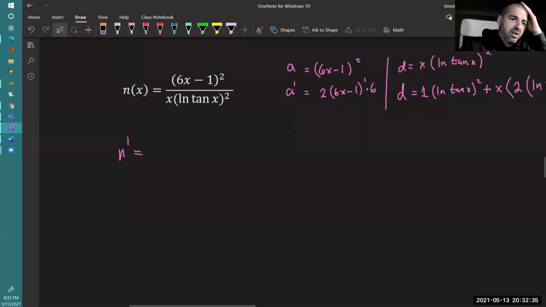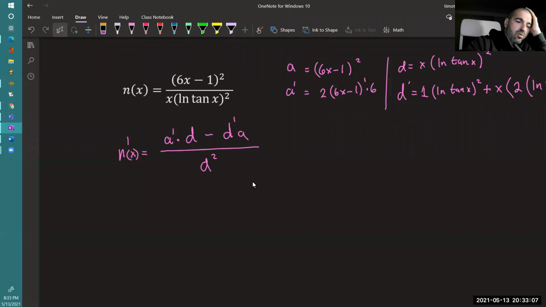You see what I did there? I did numerator and denominator, but the function is actually called n, so I don't want to do that. That would have caused a little bit of clash in my variables. So here what we're going to do is take the numerator differentiated, so a prime times d, minus d prime times a, over d squared.